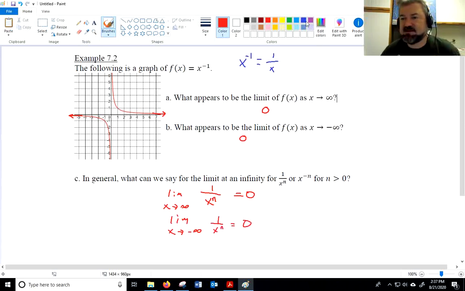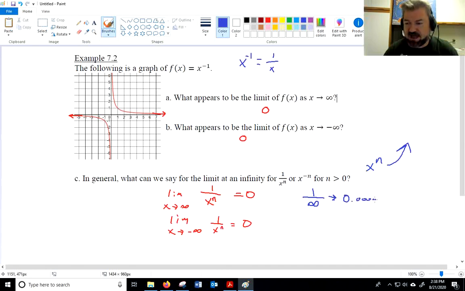All right, let's think about that another way. Why would that limit be 0? Well, think about it. If I take the number 1 and I divide it by an infinitely big number, a number that is going to infinity, x to the n going upwards to infinity, I'm going to be dividing that into smaller and smaller pieces.